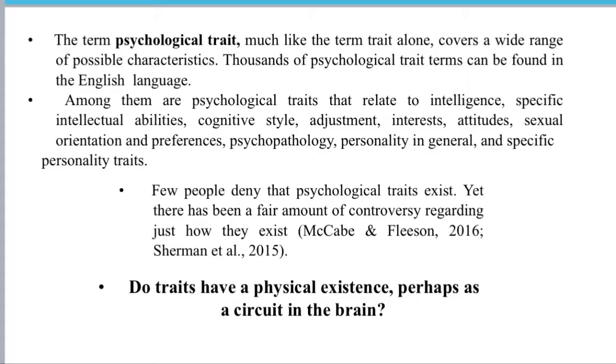So as the world evolves, new terms and psychological trait terms arise. So for example, before the 1960s, women were known to be conservative, in which they did not interact much with men, or more likely their dress code was not revealing.